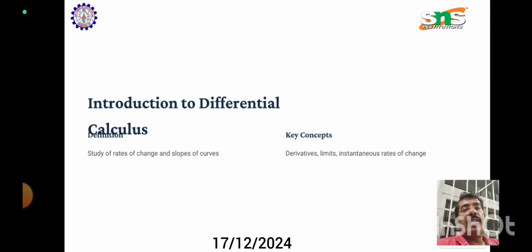It is a study of rates of change and slopes of curves. Slopes are nothing but the rate of change of x with respect to y or y with respect to x, if you talk with a graph.